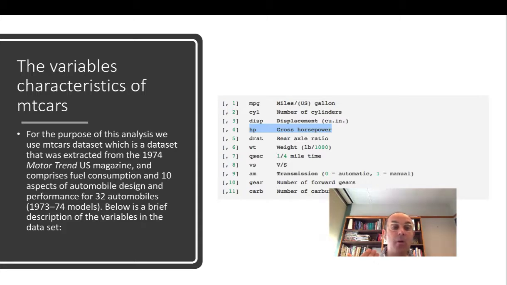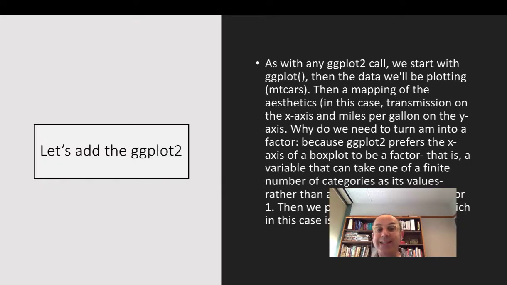For example, we are going to look at the HP and how to apply that. Let's add it to ggplot2. We are going to create a box plot, and we are going to use geom_boxplot in order to make it.